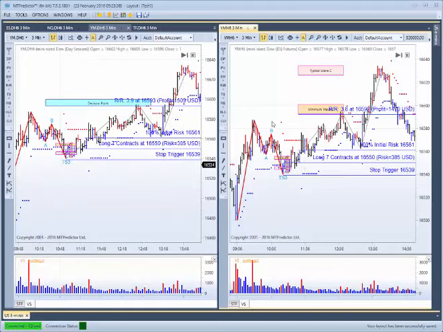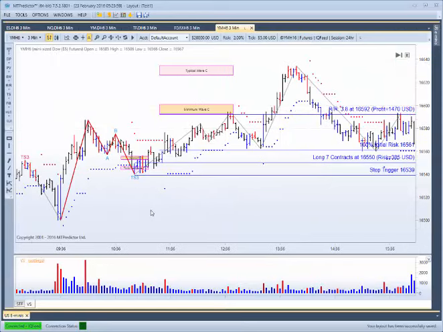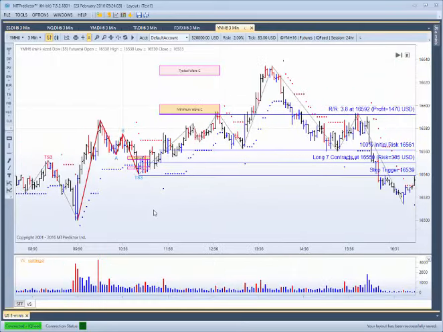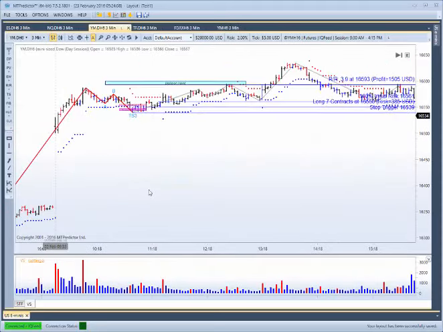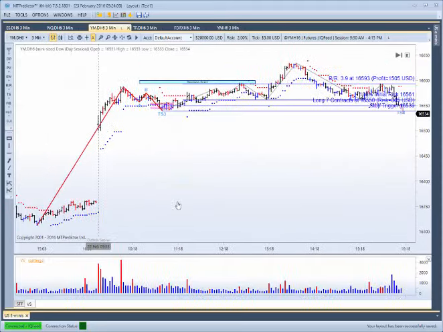In other words, that would be a more realistic target to use. And as you can see, the market did go up and reach that area where a nice 3.8R or 3.9R profit was available. So I just thought this would be a good example to look at when you get a target on your charts that has been artificially extended by the gap up.